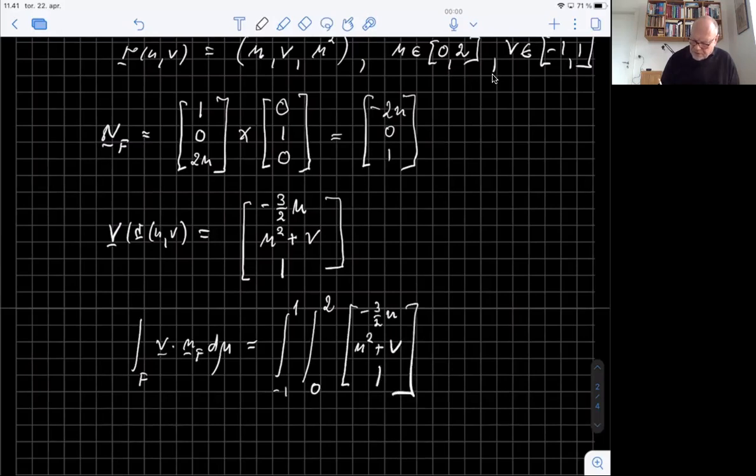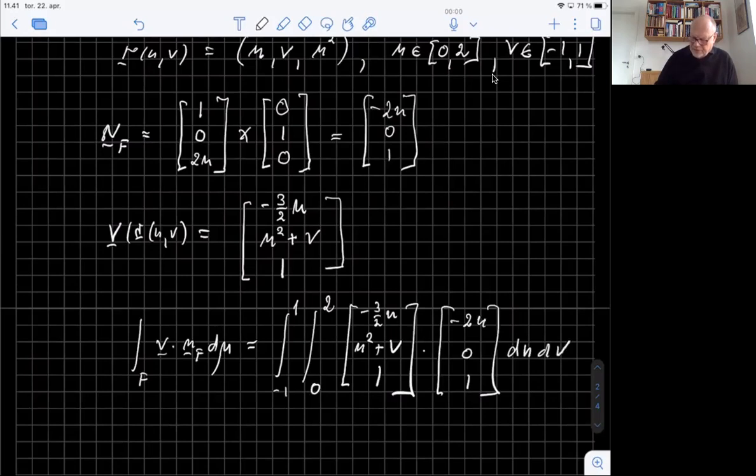This is the restriction of your vector field to the parametric representation, and then you dot this with the normal vector, and this is -2u, 0, 1, and then du dv.